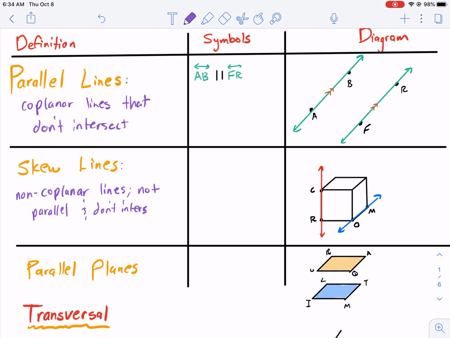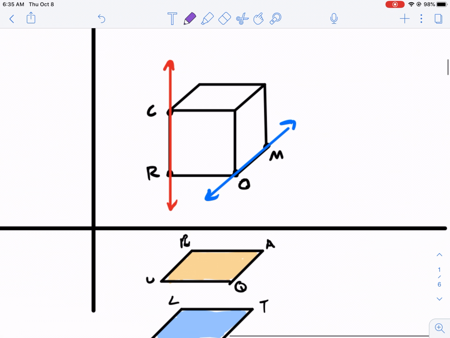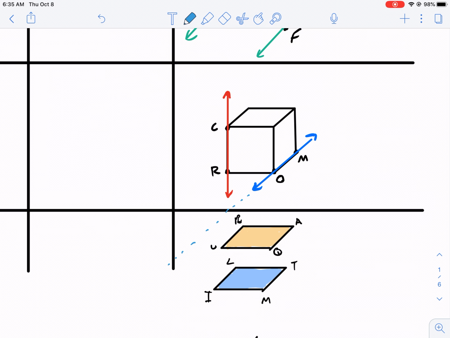I'm talking about they're in 3D space and they're going in different directions. So if you look here, blue is going front to back. Think about coming out of your screen and then into your screen, whereas red is just going up and down your screen. If you continue this blue line, it's not going to cross the red, but they're not parallel because they're not coplanar and they're not moving in the same direction, okay? So that's what skew means.